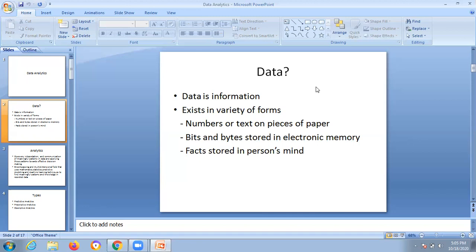Next, data exists in a variety of forms. These forms are key concepts. The first one is numbers. For a student, there are roll numbers, and they will be entered on paper. Then there is text, such as the student name, which you will mention on the paper.